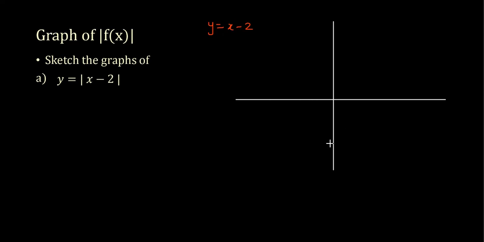So let us say this is our straight line. This point is y equal to 0, x is 2. This is your x-axis, this is your y-axis, and this point is -2, your y-intercept.